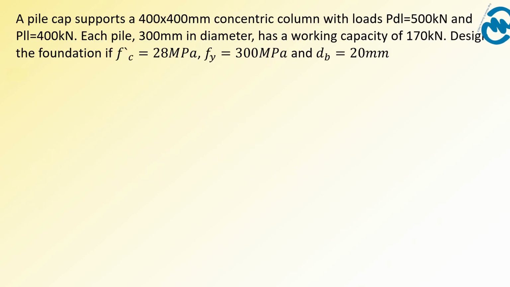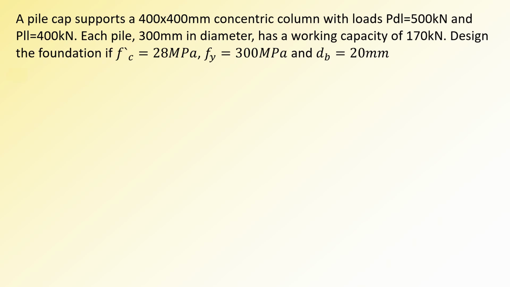Now that we've covered the fundamental concepts and provisions, let's move on to a practical example. Here's the problem statement. A pile cap supports a 400 by 400 mm concentric column subjected to an axial dead load of 500 kN and a live load of 400 kN. Each pile with a diameter of 300 mm has a working capacity of 170 kN.